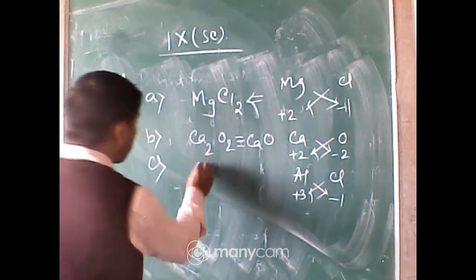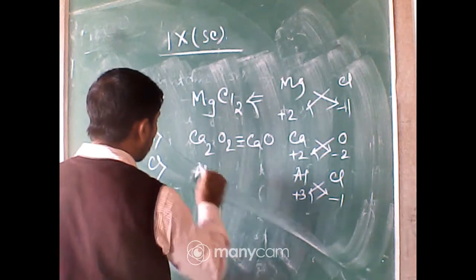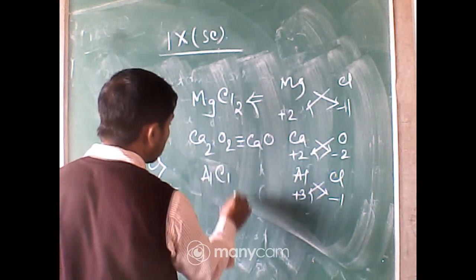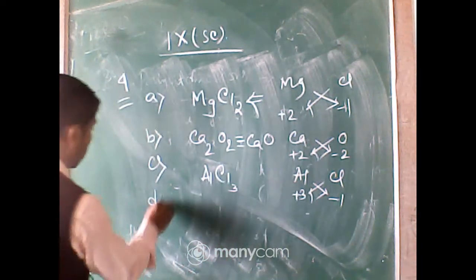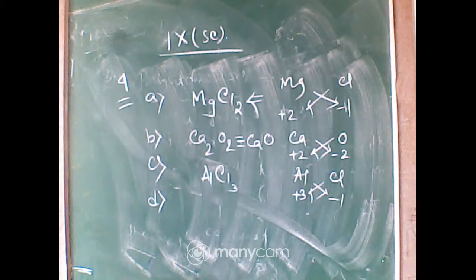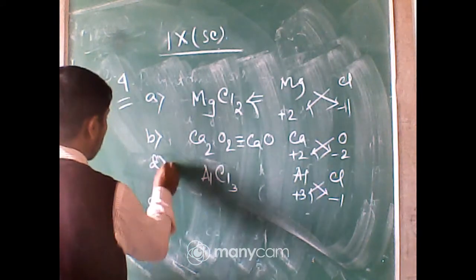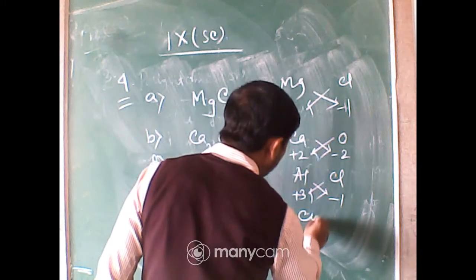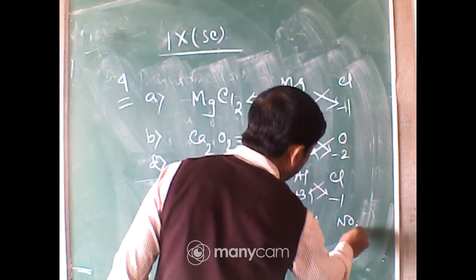So cross multiplying, Al, capital A, small l, capital C, small l, 3. Number D is copper nitrate, Cu and NO3.